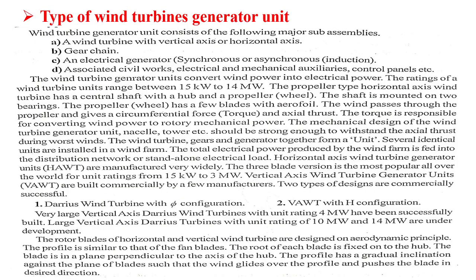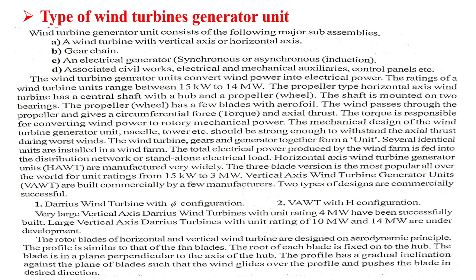Types of wind turbine generator unit. A wind turbine generator unit consists of the following major sub-assemblies. First, a wind turbine with vertical axis or horizontal axis. Second, gear chain.